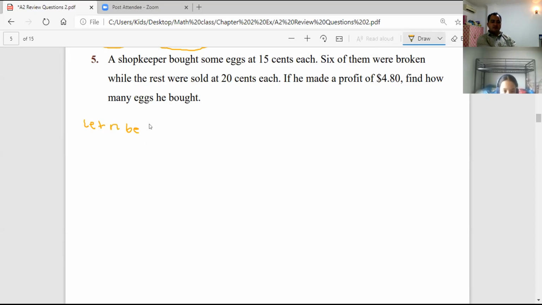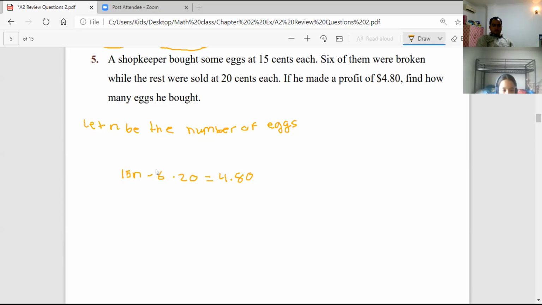Let n be the number of eggs the shopkeeper bought, and at 15 cents, that's 15n. 15n minus 6 times 20 equals 4.80.